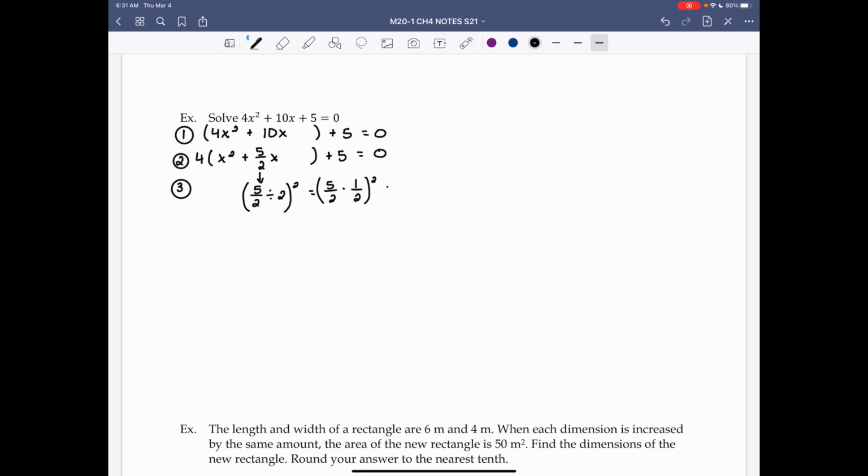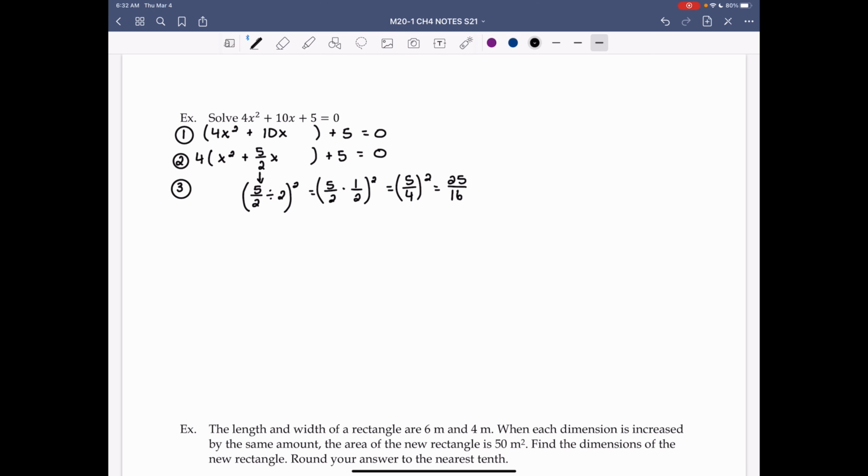And then square, so 5 times 1 is 5, and 2 times 2 is 4, and that's squared, which gives us 5 squared is 25, and 4 squared is 16. You can also just use your calculator and plug in this, and it'll give you this.